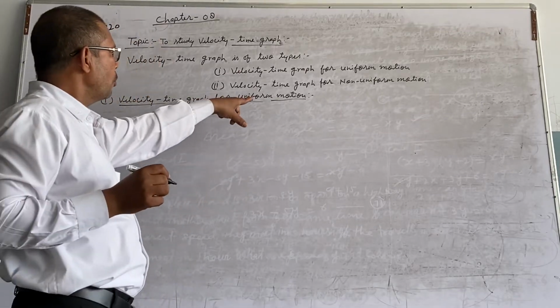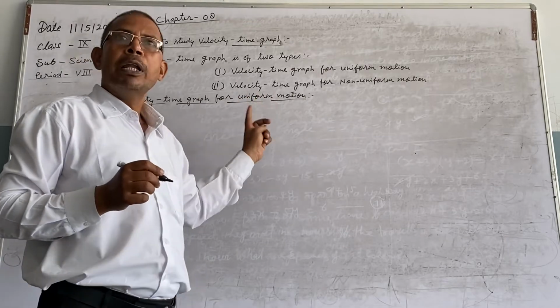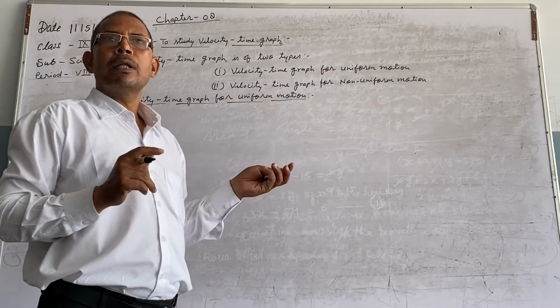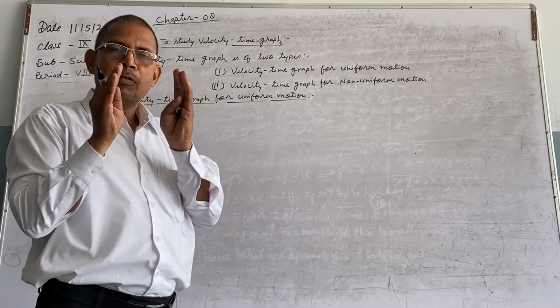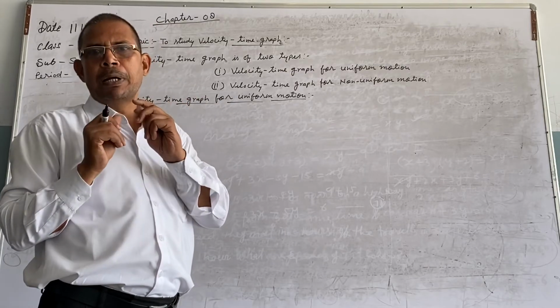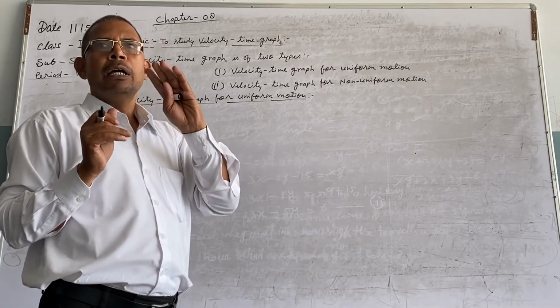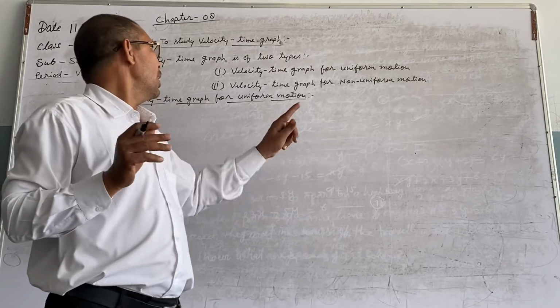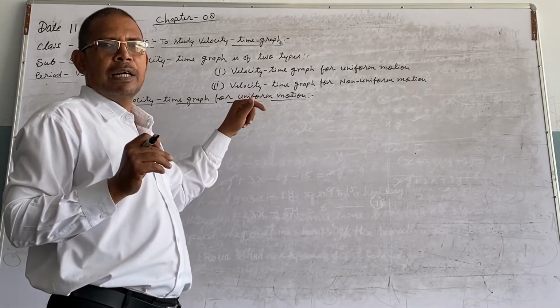First of all, you should know what is uniform motion. When a body covers equal velocity in equal interval of time during its motion, this type of motion is called a uniform motion, right?